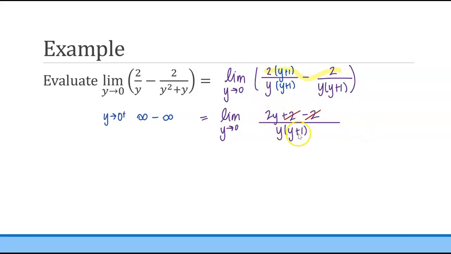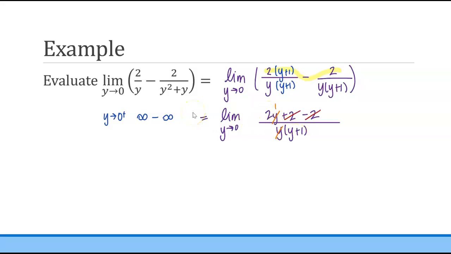On the bottom, I have y times y plus 1, so we can cancel out the y over y after I have removed plus 2 minus 2. That's important, right? So there's no other terms up here. There's just 2 times y. And so in that case, now y over y becomes 1.